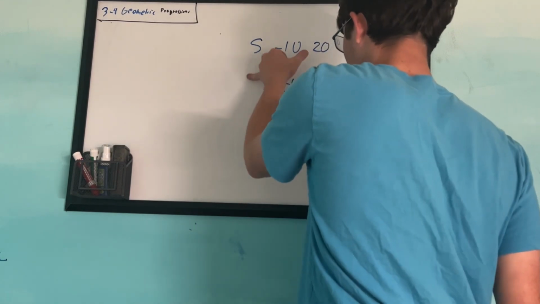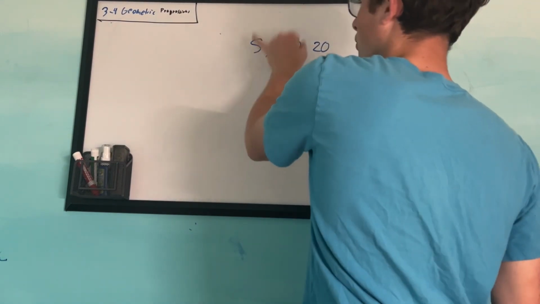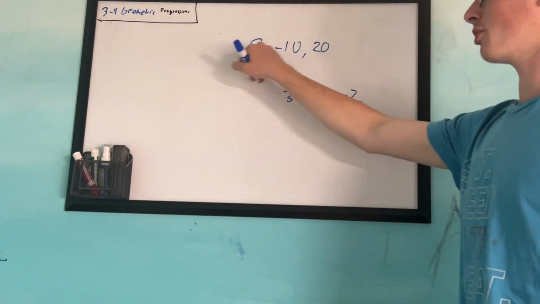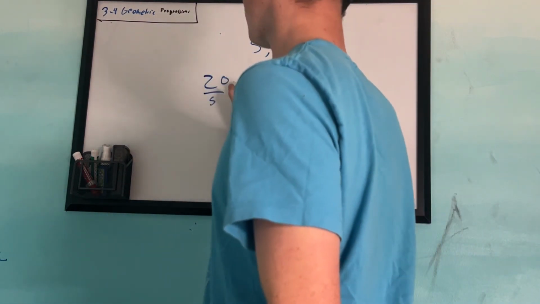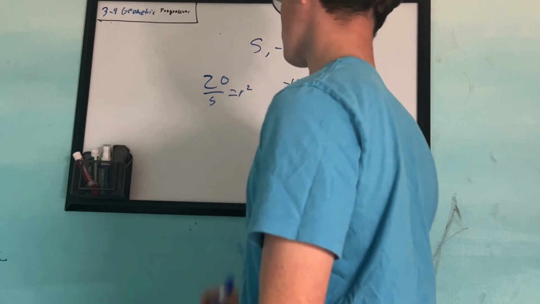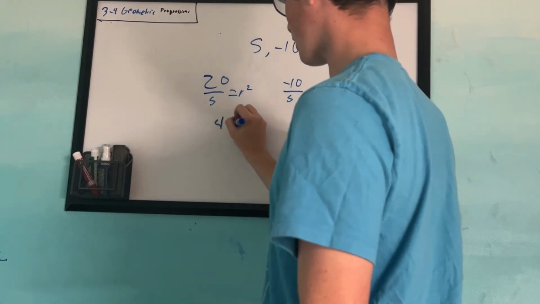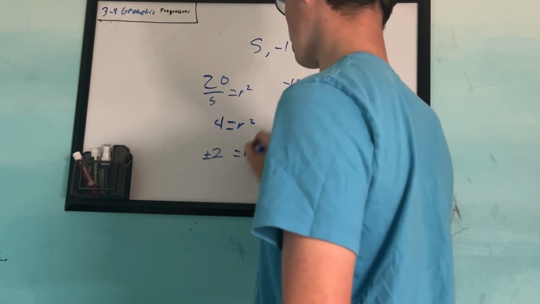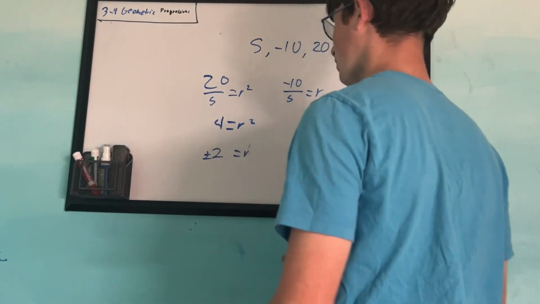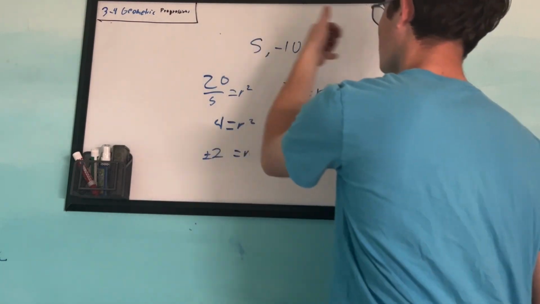And a trap that you want to avoid: let's say you took the outermost ones, 20 over 5 equals r squared. You get 4 equals r squared, so plus or minus 2 equals r. You have to consider which one of these two is actually correct. You can go through and see it's negative 2.